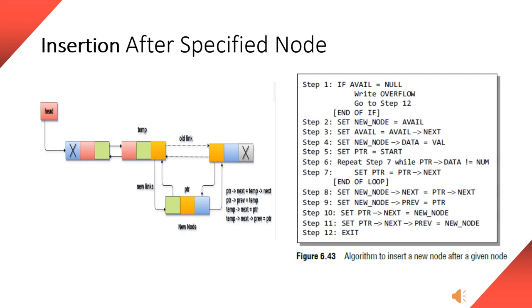That is, make next of the new node the next of the previous node. Then make the next of the previous node the new node. After that, make the previous node the previous of the new node. Then change the previous of the new node's next node. If the next of the new node is not null, then make the previous of the new node's next node the new node.